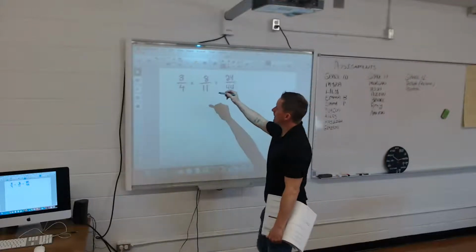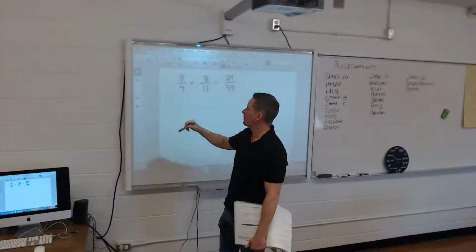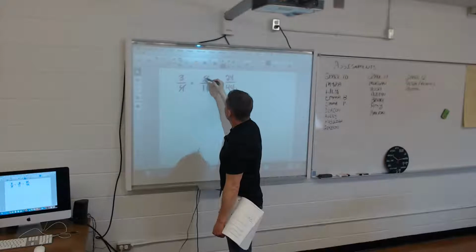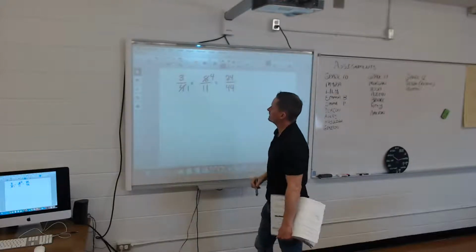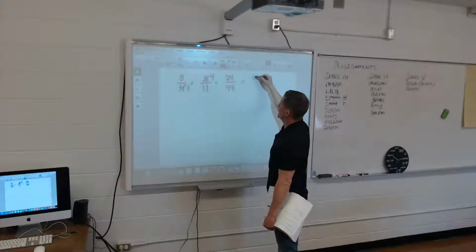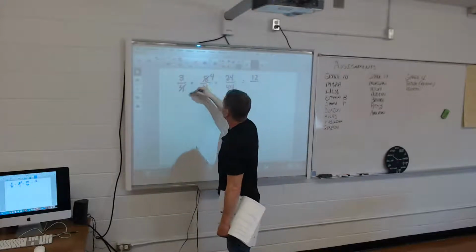The other thing I can do, and this is what I would suggest, especially because this is how we're going to do it with polynomials, is cancel top and bottom first. So that would be 8 divided by 4, that is then 2. Oh, there should be a 2 here. Sorry.